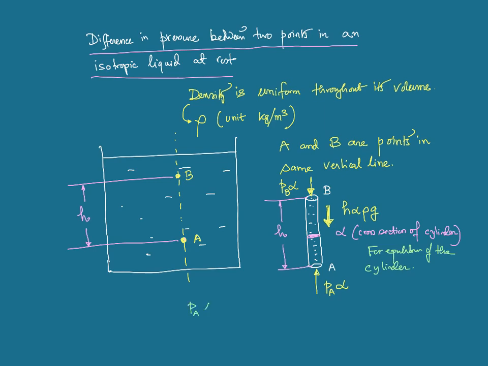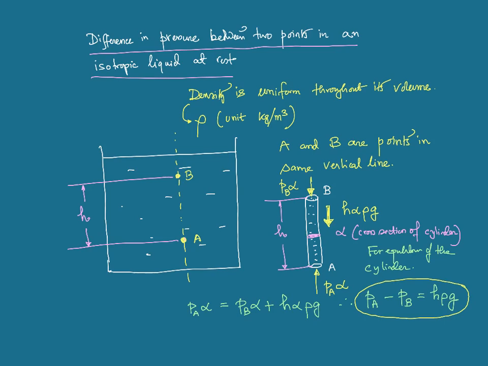So PA into alpha is equal to PB into alpha plus H alpha rho g, which implies PA minus PB is equal to H rho g. So this is the difference in pressure between 2 points.